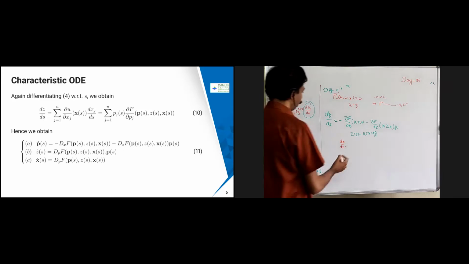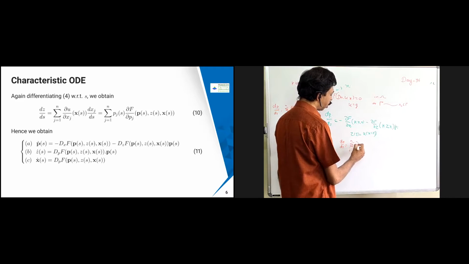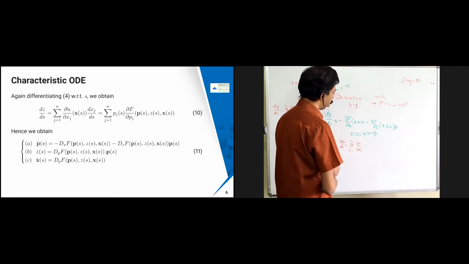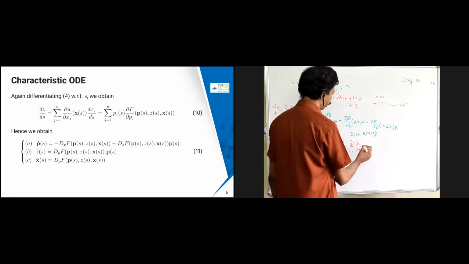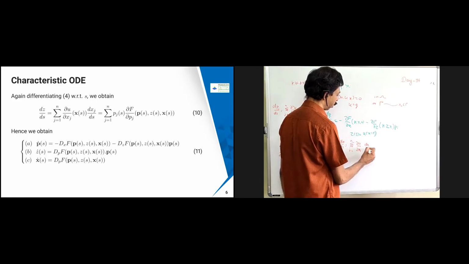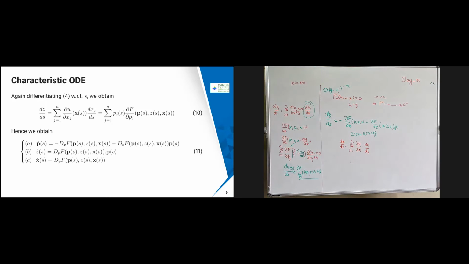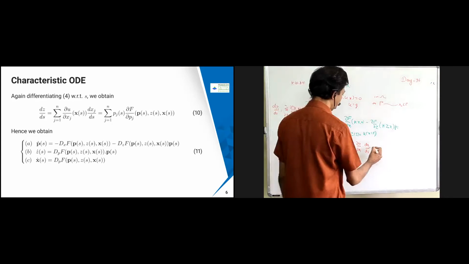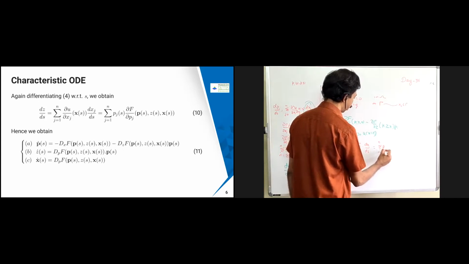So I'm going to get summation j equal to 1 to n of dou u by dou xj into dxj by ds. But dou u by dou xi is nothing but pi, or pj, summation j equal to 1 to n of pj.